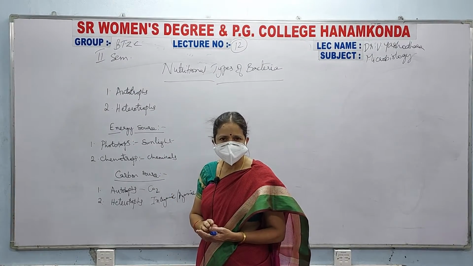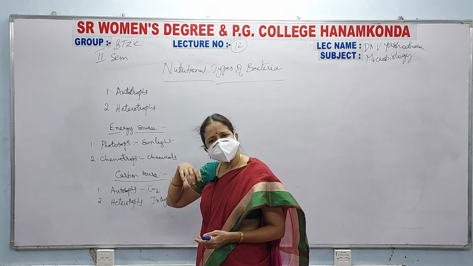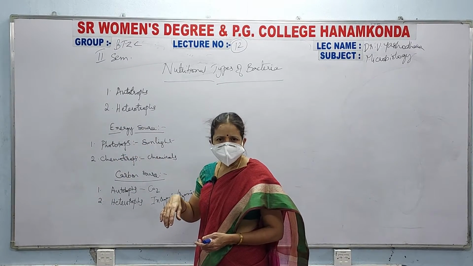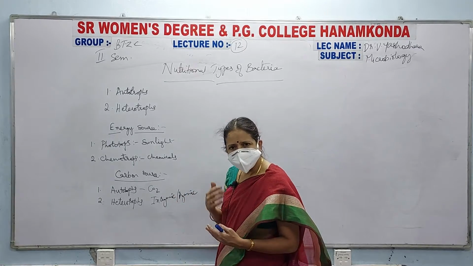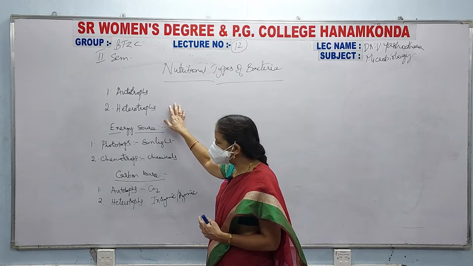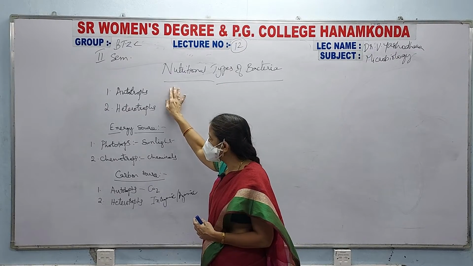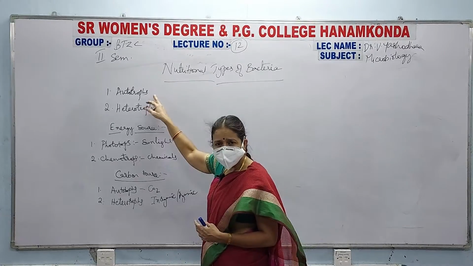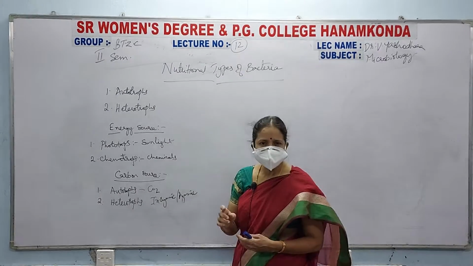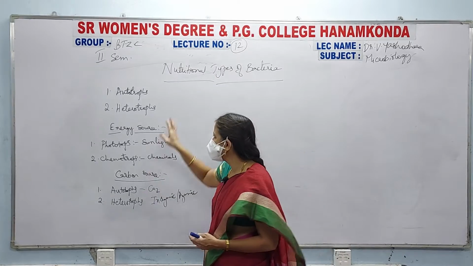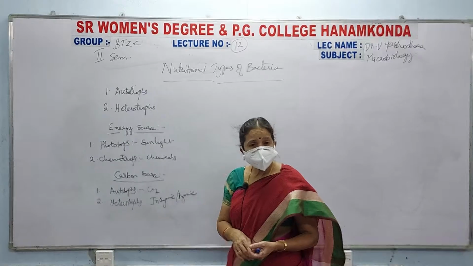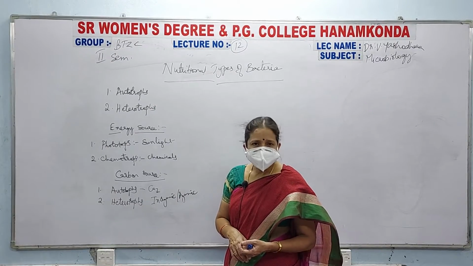These are the organisms which are dependent on the external source of energy from the environment for the synthesis of organic material. They are called autotrophs. In other words, autotrophs are the organisms which can synthesize their own food material. Coming to the heterotrophs, these are the organisms which are dependent on organic nutrients.